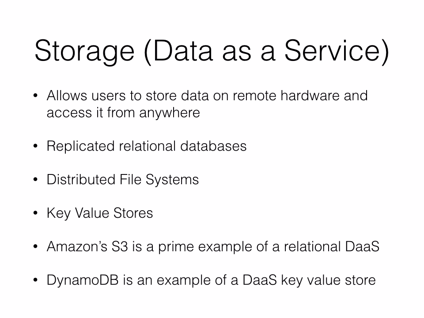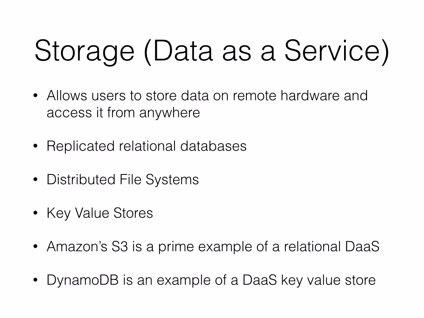So let's talk about another type of service, storage as a service, or excuse me, data as a service, which is the theme of storage. It allows users to store data on remote hardware and access it from anywhere you need. Some examples of this are relational databases in the cloud, distributed file systems. We gave some examples of those in the last lecture.